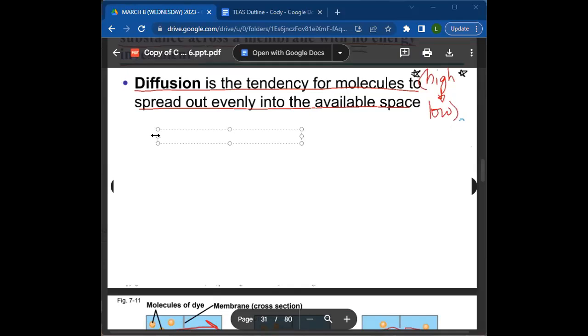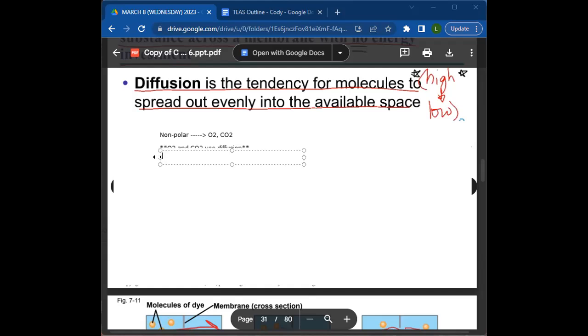Were they polar or nonpolar substances? You should say nonpolar. And if you remember, what were the substances that were nonpolar? Oxygen and carbon dioxide. So oxygen and carbon dioxide use diffusion to move across some membranes.